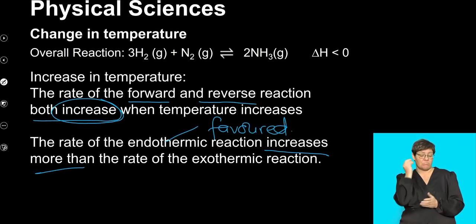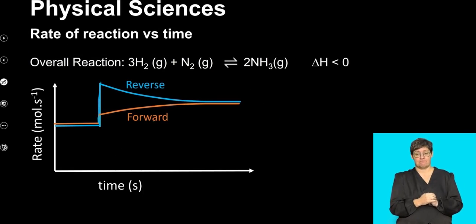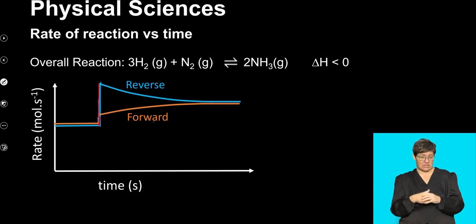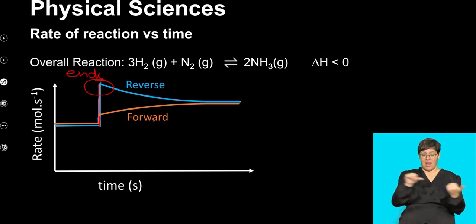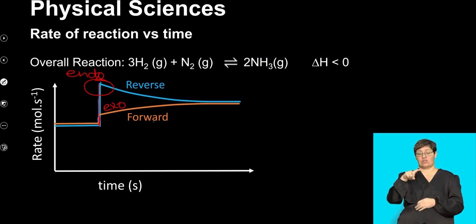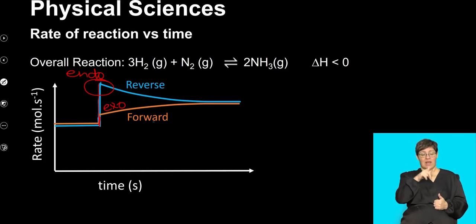But take note, both of the rates will increase at first. When we look at the rate of reaction versus time graph, we can see there's a spike for both the forward reaction as well as the reverse reaction. But the spike for the reverse reaction is bigger because the reverse reaction is the endothermic reaction and the forward reaction is the exothermic reaction. With an increase in temperature, the reverse reaction, being endothermic, was the reaction that was favored.